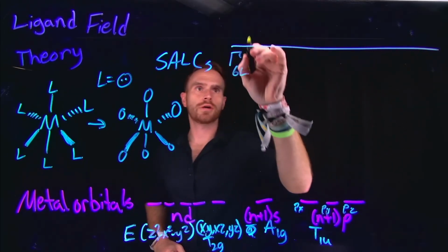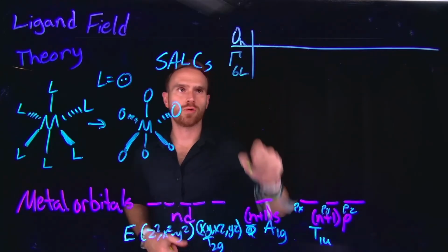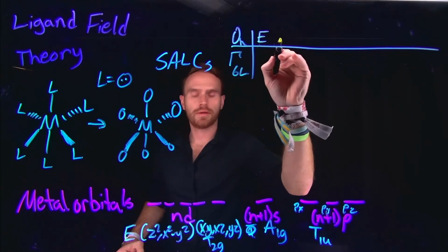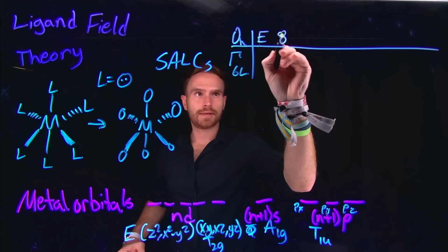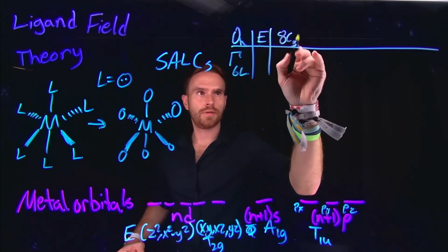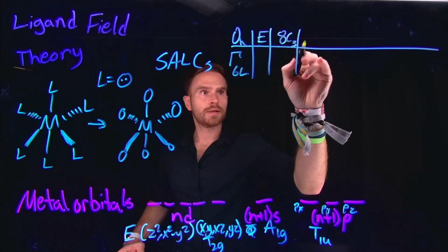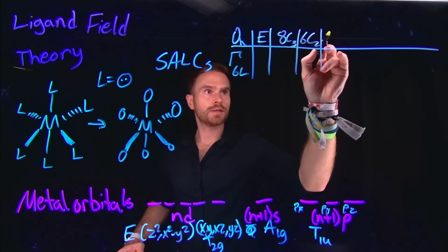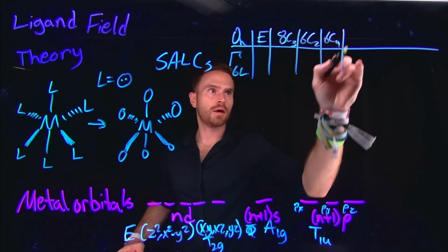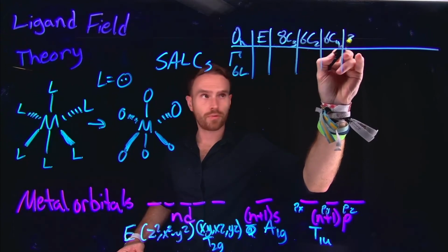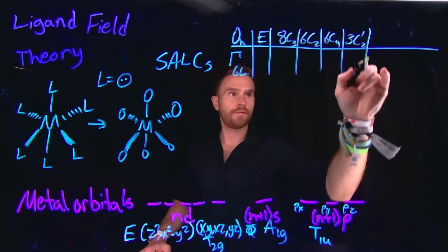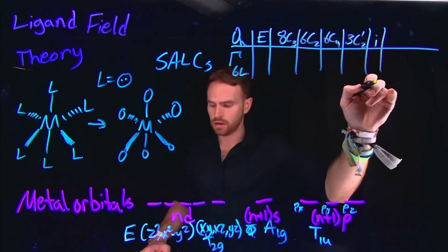And if you were to look this up in the octahedral character table, I would see that there's an E, there are 8 C3s, there are 6 C2s, 6 C4s, I have 3 C prime 2s, I have a center of inversion, which makes sense.